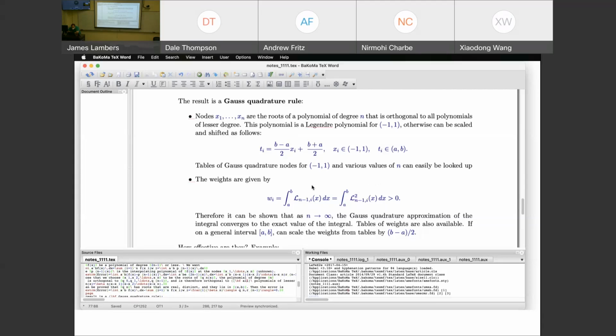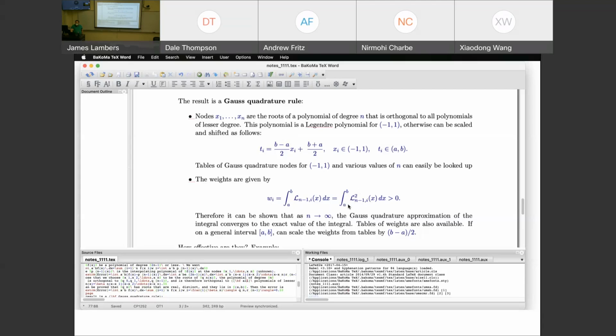Now, the weights, as I mentioned earlier, this Gauss quadrature rule is an interpolatory quadrature rule. So the weights are the integrals of Lagrange polynomials corresponding to your n nodes. But what's unusual is they're also equal to the integral of the Lagrange polynomials squared. Now, first of all, why does this matter?